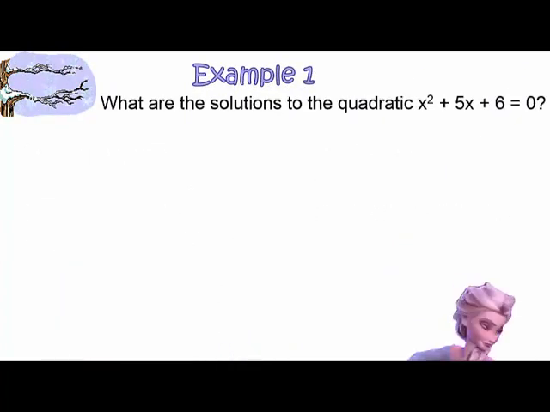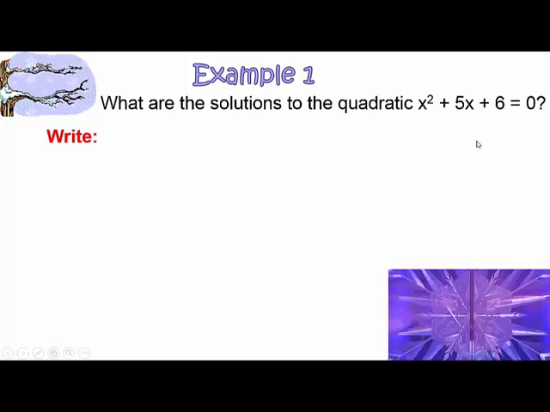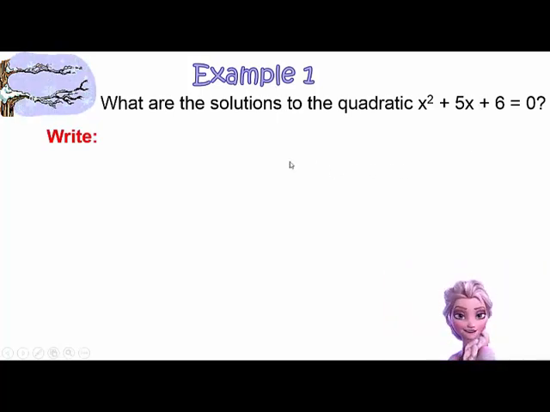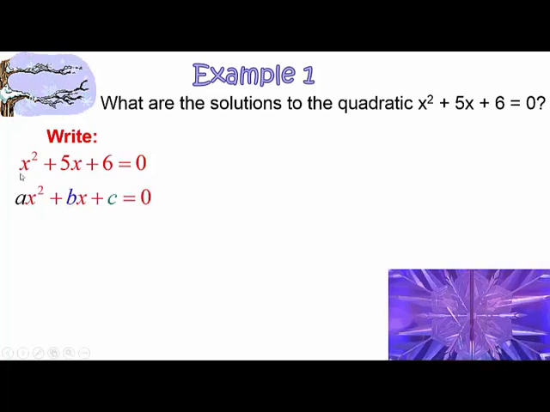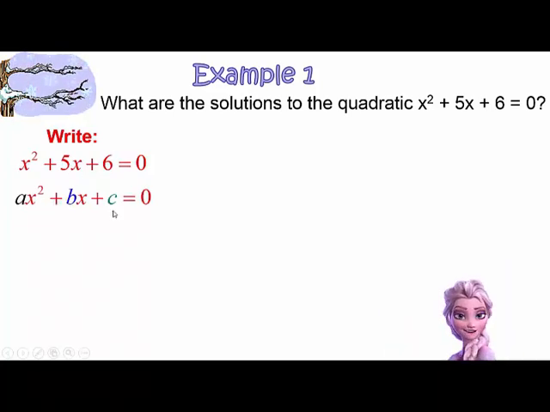So for example 1, let's look at this one. We have x squared plus 5x plus 6 is equal to 0. So we're going to write our equation, and I'm going to put the general quadratic formula underneath to show where A is.